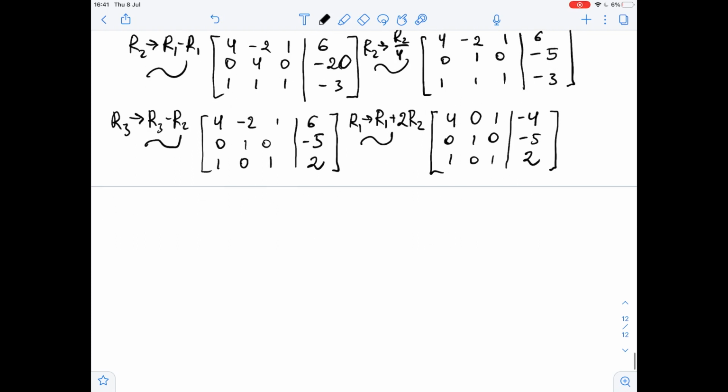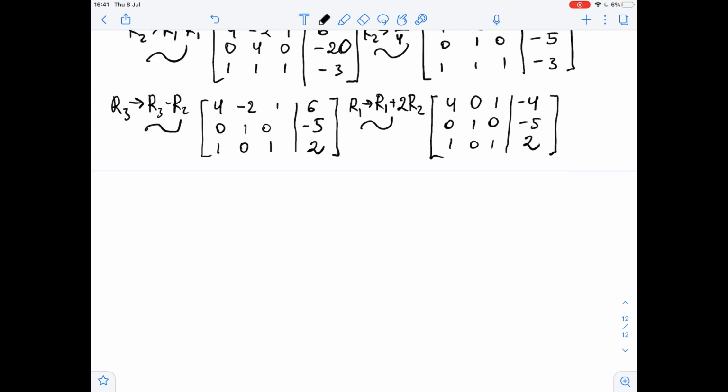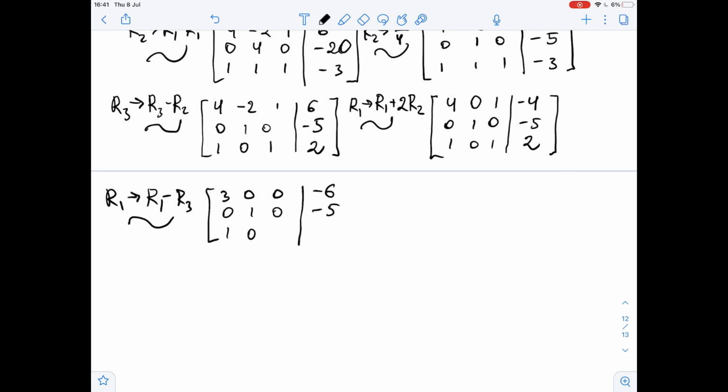Now let's subtract the third row from the first row. So row 1 becomes row 1 minus row 3, and we get 3, 0, 0, and here negative 4 minus 2 is negative 6.